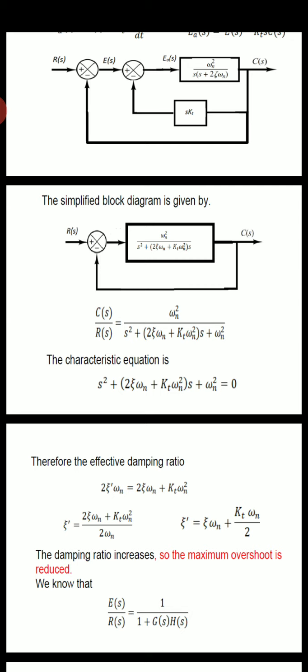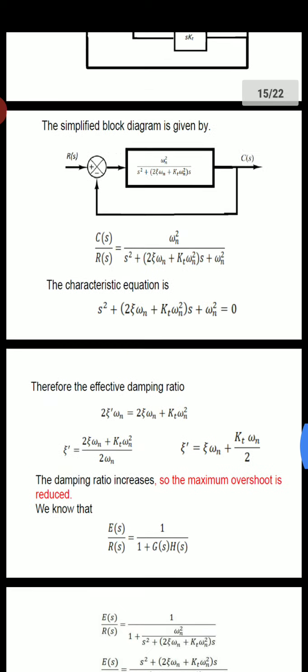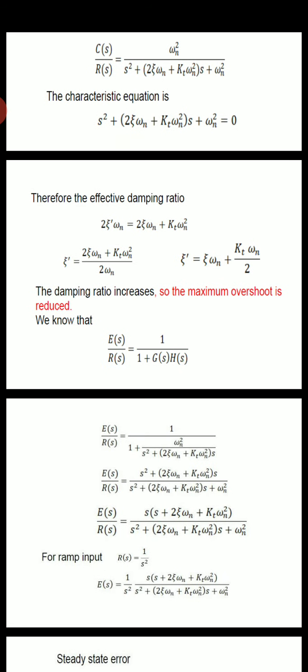We know that E(s) divided by R(s) is 1 divided by 1 plus G(s) into H(s). What is the value of G(s)? The value of G(s) is omega n square divided by s square plus (2 zeta omega n plus Kt into omega n square) whole bracket s.